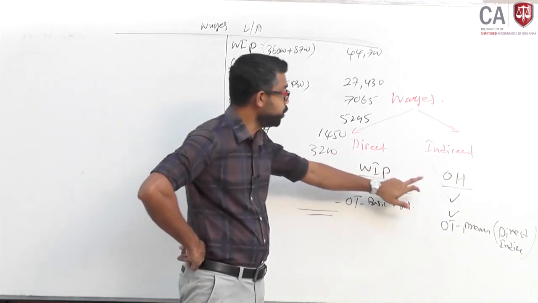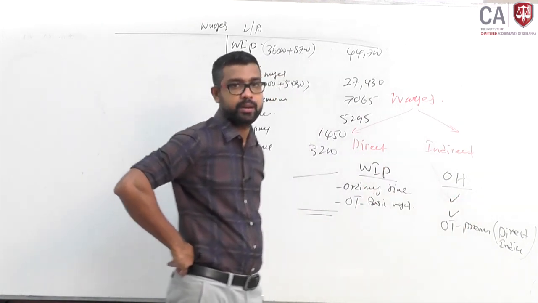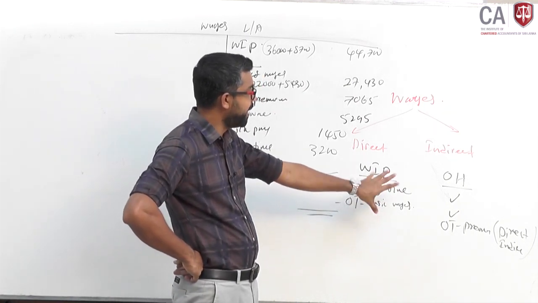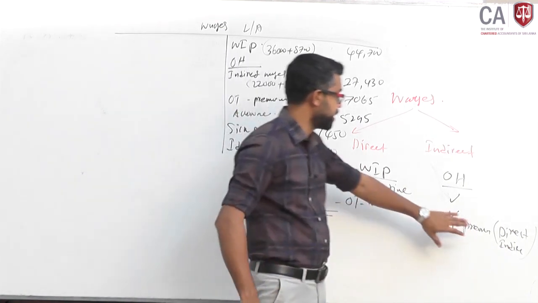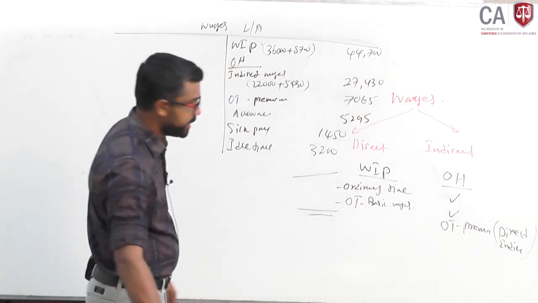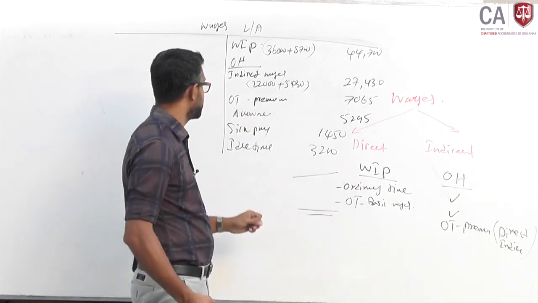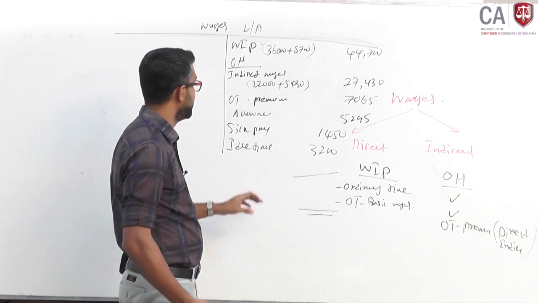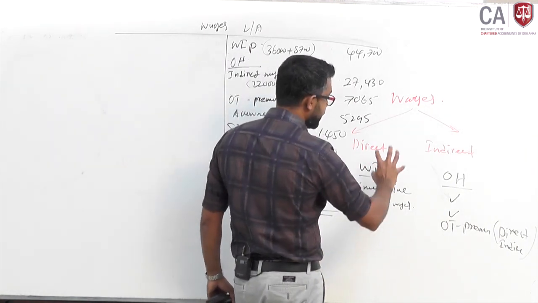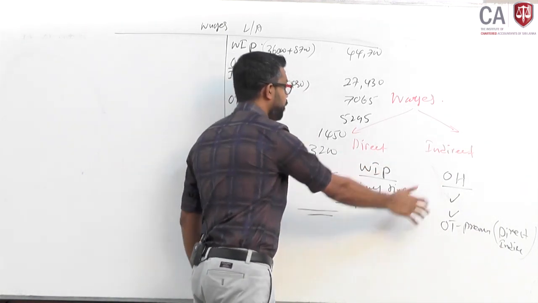The premium due to inefficiencies also goes to overhead. Allowance and sick pay are not related to production. Only basic salary and basic OT are relevant. Remember well, all other expenses go to overhead.